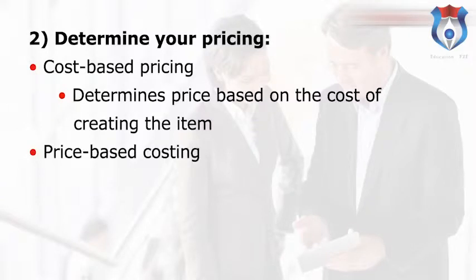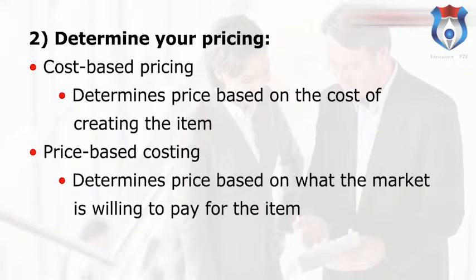And the second is price-based costing. What is the market willing to pay for that product or service? An example of this would be a haircut or consulting rate, looking at what the competitors are charging and then adjusting your prices accordingly.